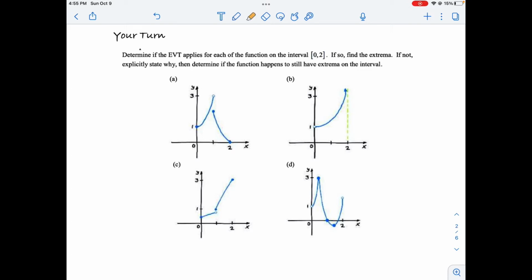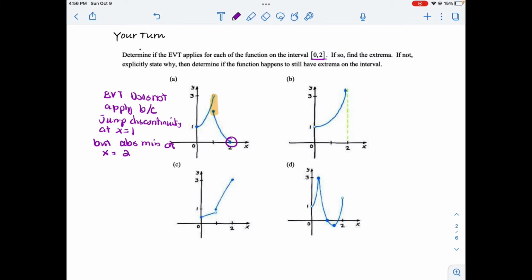So let's see how you did on A. Notice I have a jump discontinuity at x equals 1, so it is not continuous on the interval from 0 to 2, so the extreme value theorem does not apply to this function. Even though the extreme value theorem does not apply, because of the jump discontinuity, I still have an absolute minimum on this graph, and the absolute minimum occurs at x equals 2, but there is no absolute maximum.